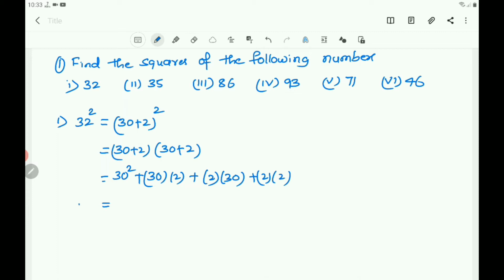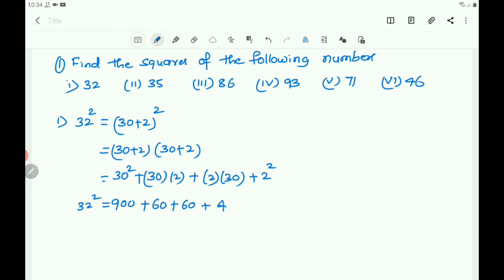You can write it as 32 square equals 30 square, which is 9 with 2 zeros, as 30 has 1 zero, plus 2 into 30 is 60, plus 2 into 30 is also 60, plus 2 into 2, which is 2 square, and 2 square is 4.